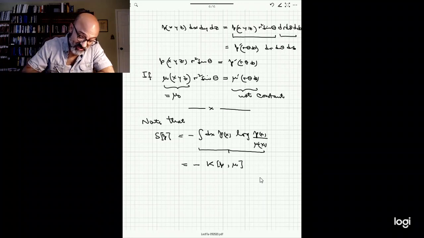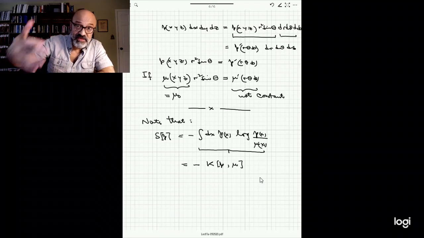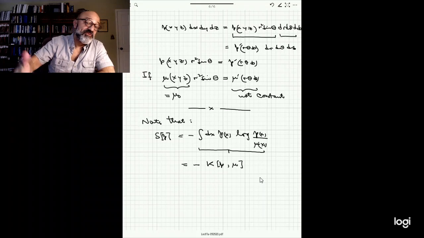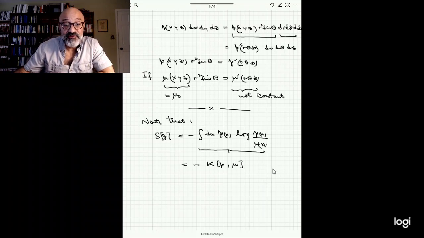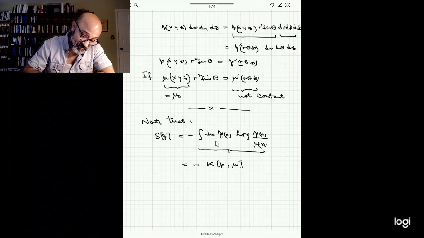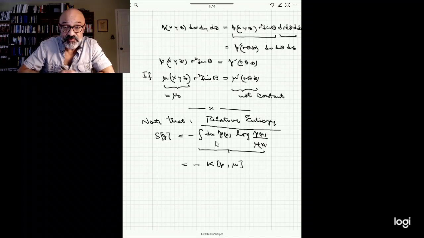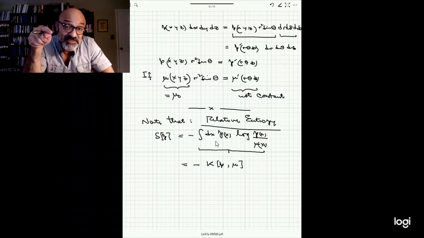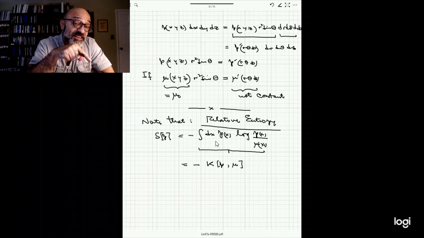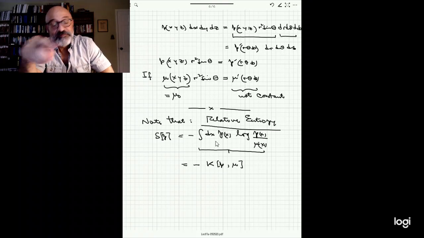So the moment that you want to make entropies of continuous distributions, the formula that matters is the formula for relative entropy. Relative entropy is the fundamental quantity. The fundamental quantity is not entropy, it's relative entropy.